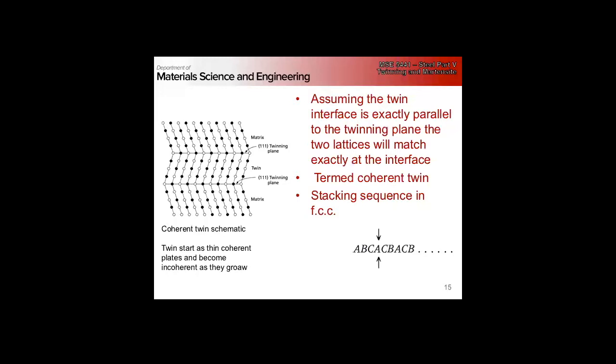Together, they're not, if you look at the whole thing across the interface. But if you only looked at this side and you only looked at this side, their local neighborhood doesn't change. And so this interface here is perfectly coherent, and we call this a coherent twin, right?